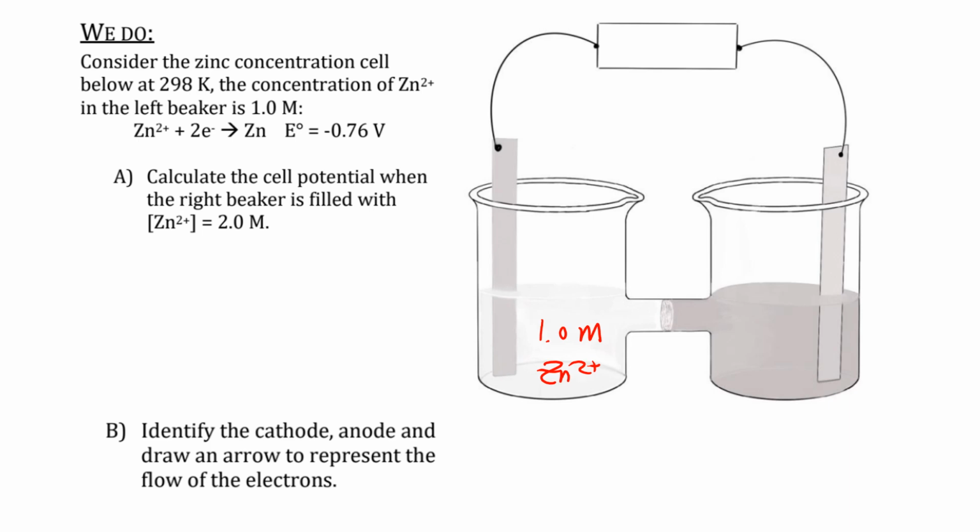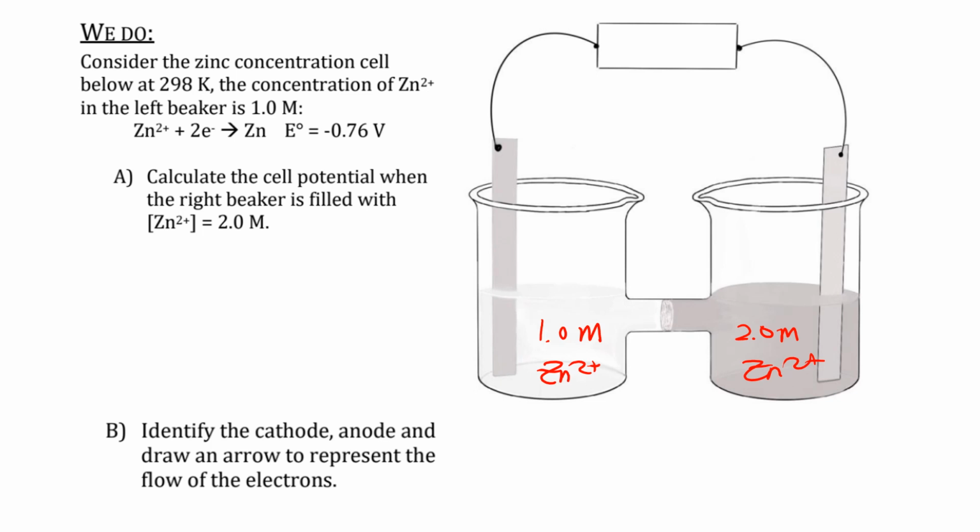Calculate the potential if the right beaker is filled with 2.0 molar zinc 2+. Before we can figure that out, we have to know who is considered the reactant and the product in this particular concentration cell.